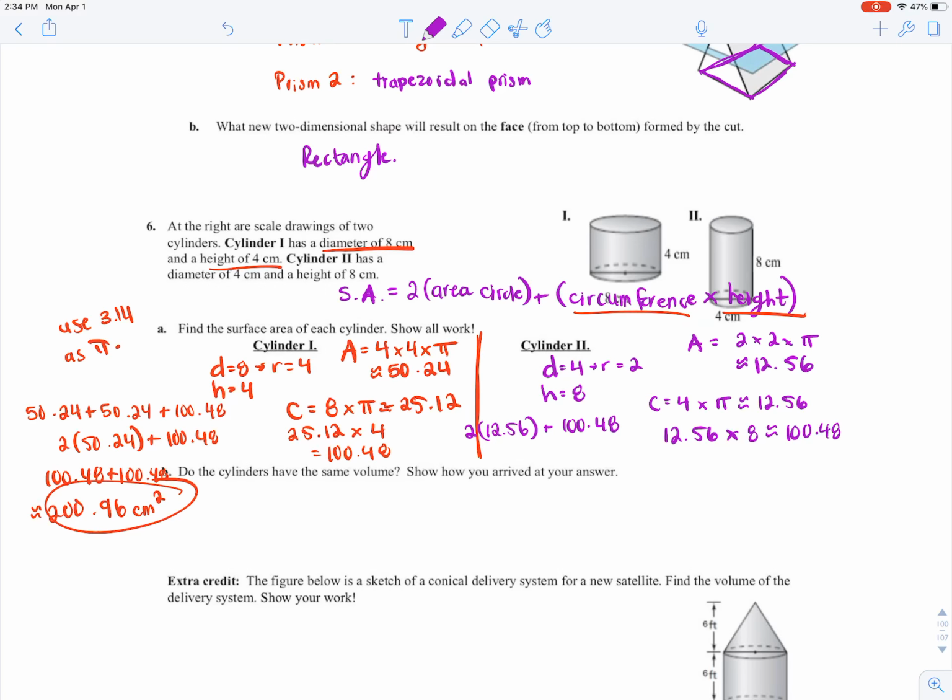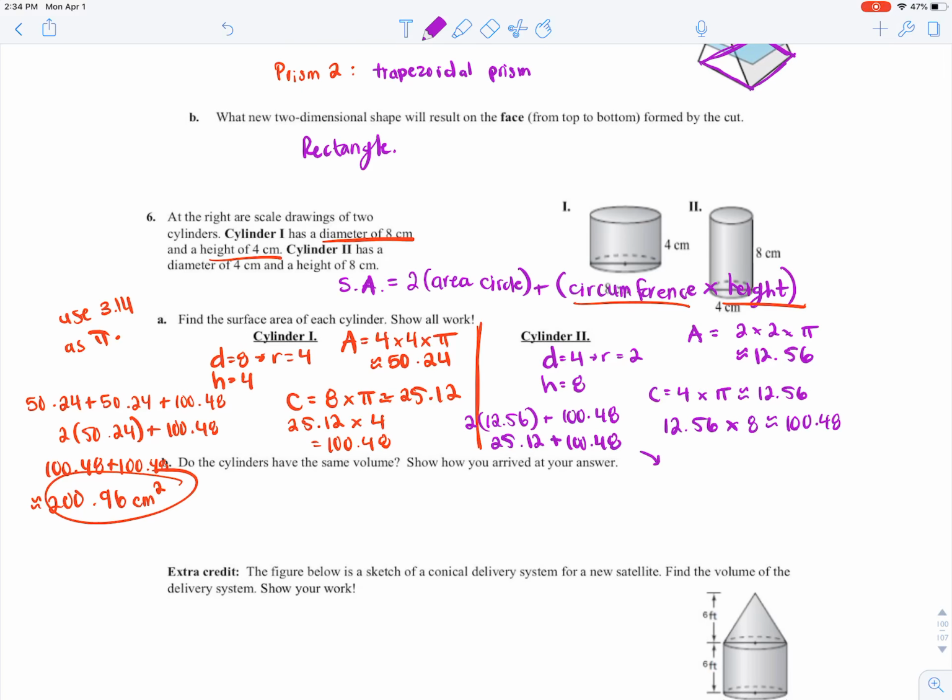So let's see, what is 12.56 times 2? 12.56 times 2 is equal to 25.12 plus 100.48 for a grand total of 125.6 square centimeters.